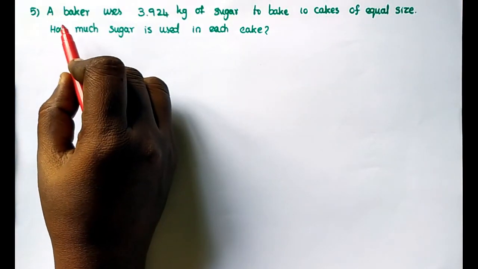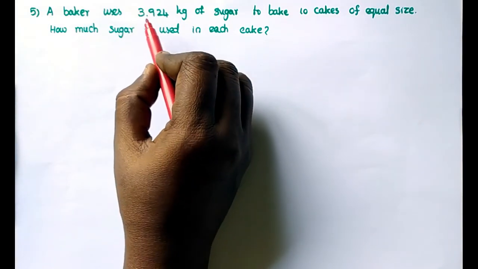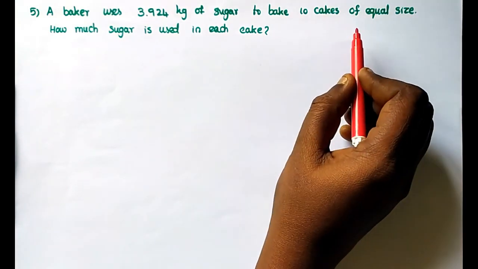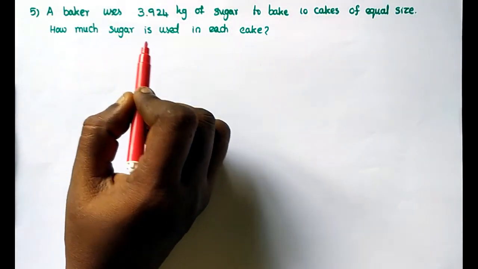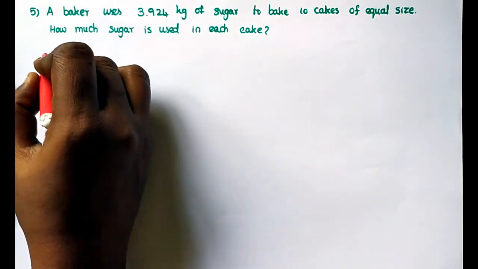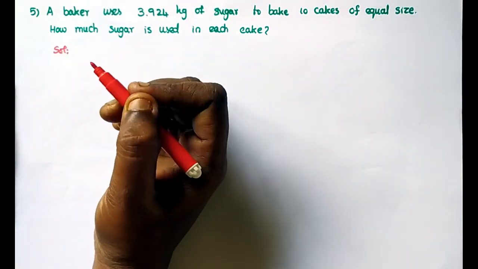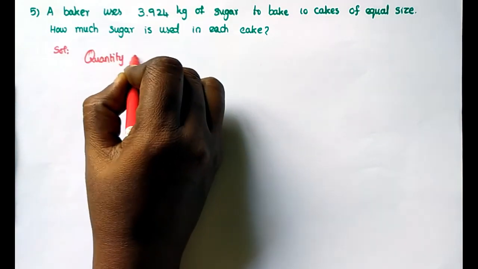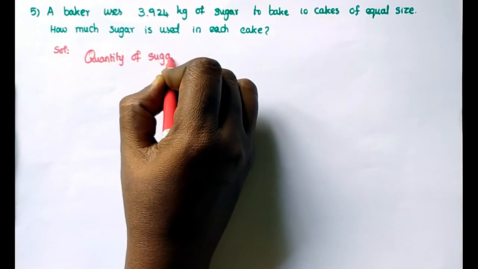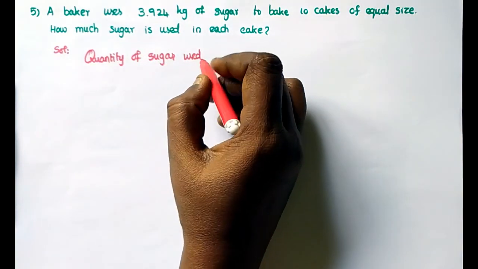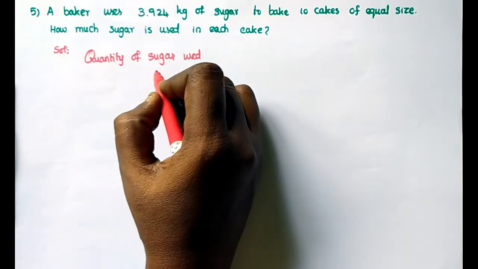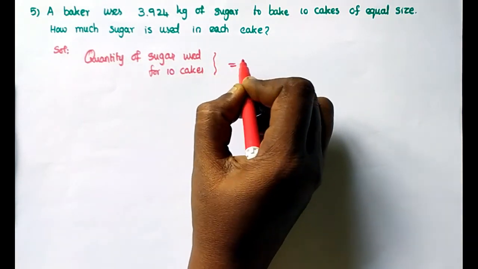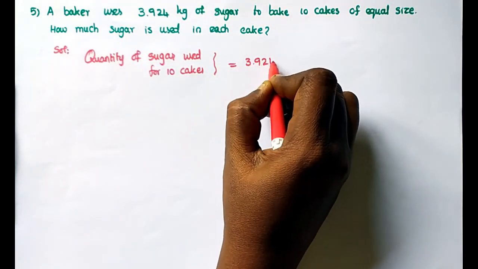Fifth sum, a baker uses 3.924 kg of sugar to bake 10 cakes of equal size. How much sugar is used in each cake? So first, quantity of sugar used for 10 cakes, that is 3.924 kilogram.